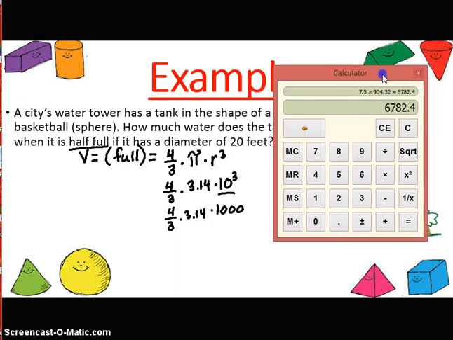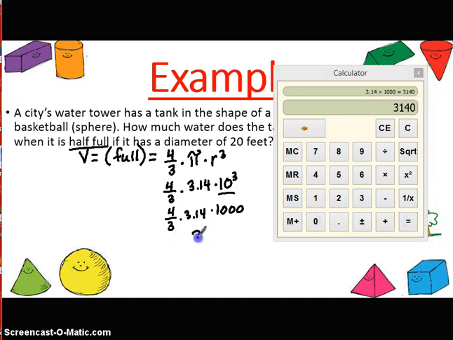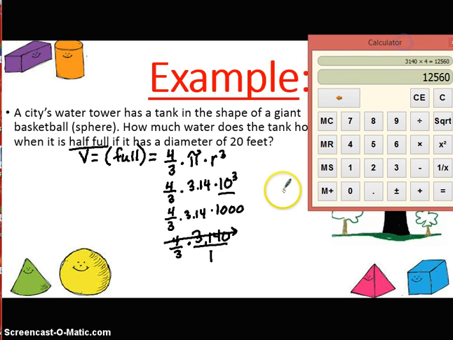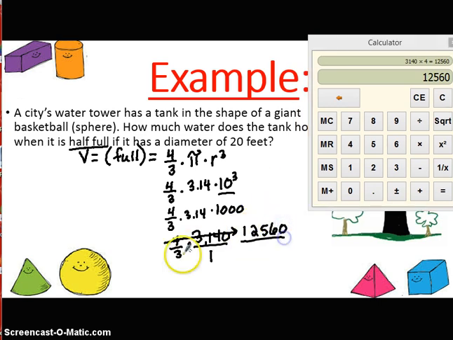So if we do 3.14 times 1,000, we get 3,140. So we have to do 4/3 times 3,140, which we know has a denominator of 1. So if we multiply straight across, 4 times 3,140 is 12,560 over 3 times 1, which is 3.